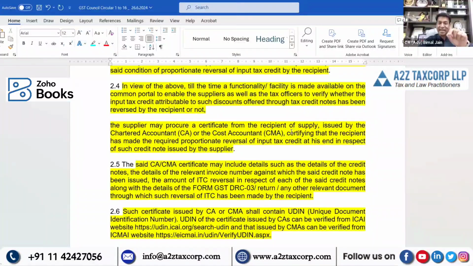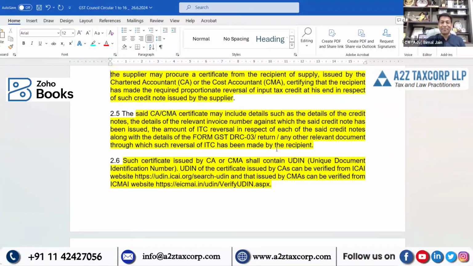So your CA, your CMA will issue a certificate. The recipient's CA or CMA issues a certificate: Yes, you have reversed ITC of 1.8 at your end in respect of the credit note issued by the supplier. So this is the clarity it is giving.